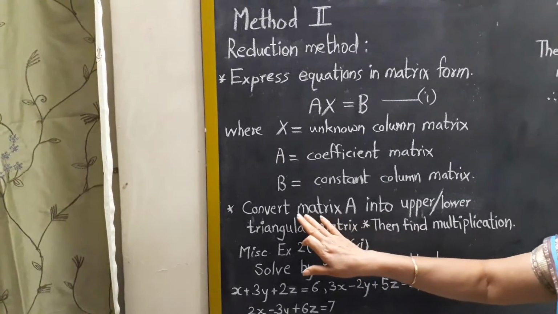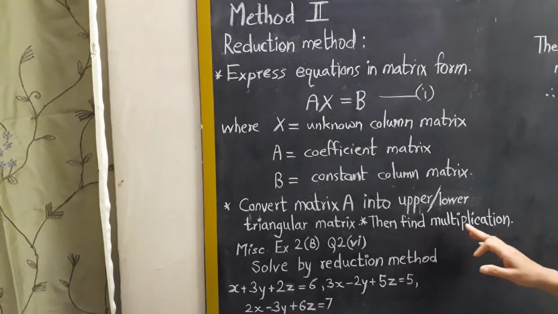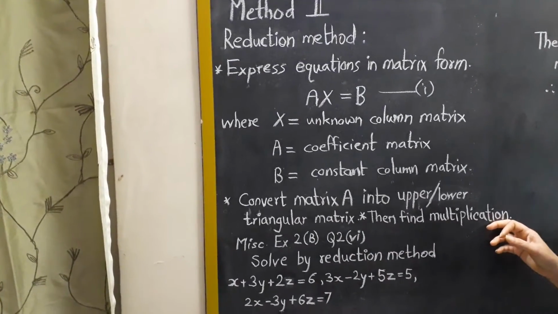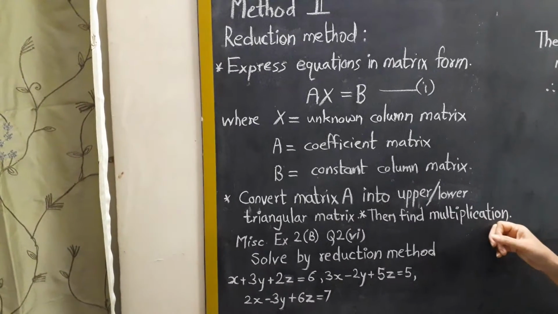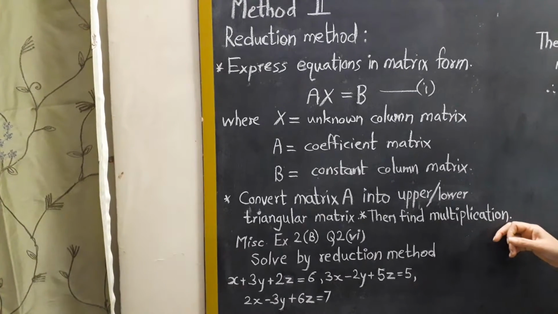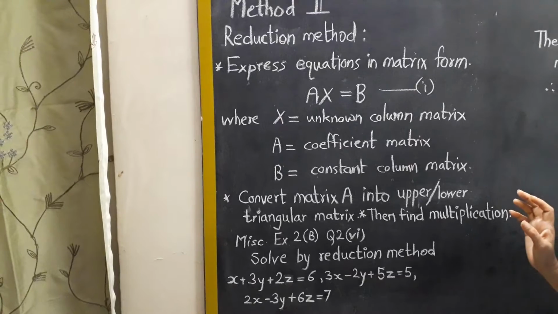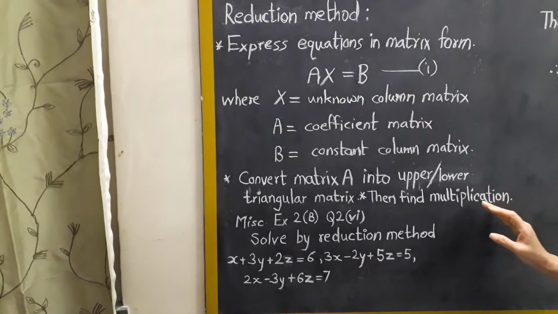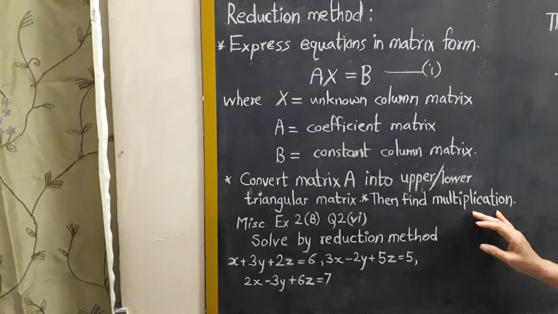After converting it into a triangular matrix, find the multiplication between that triangular matrix and X, equate it with the other side, and get the answers for the unknowns.